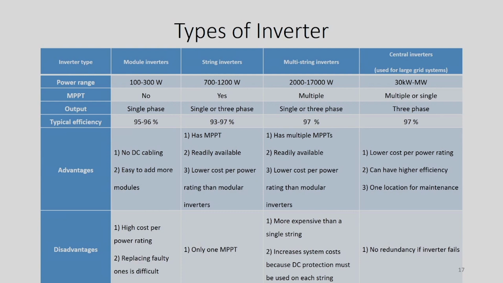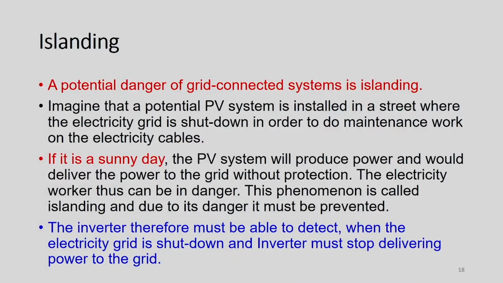Now, let us understand what islanding is, why it is so important, and why this component needs to be attached to the inverter. A potential danger of a grid connected system is islanding. Imagine that a PV system is installed in a street where the electricity grid is shut down in order to do maintenance work on the electricity cables.